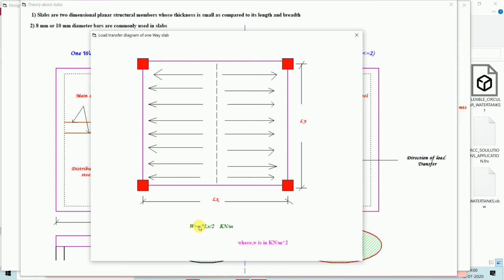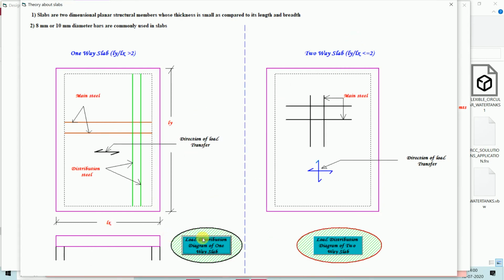Here small w is in kilonewton per meter square, whether it may be dead loads, live loads or other loads. This is the load transfer diagram of a one-way slab. We have to provide the main reinforcement, and distribution reinforcement perpendicular to the main steel.